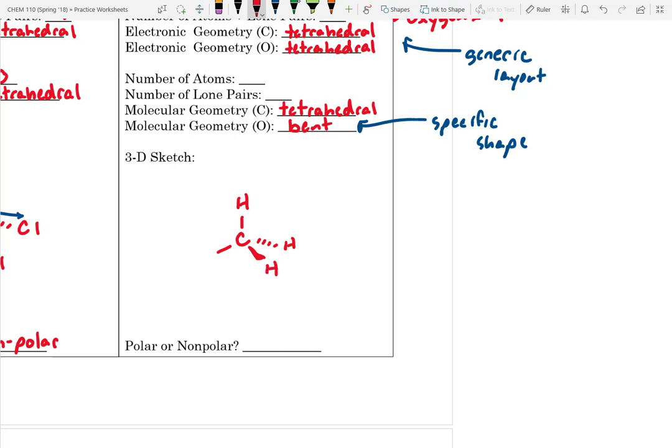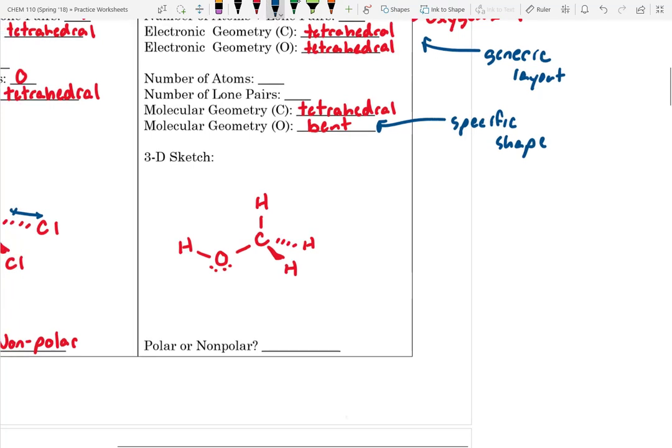So it's got this tetrahedral layout with the dash and a wedge, but one of those legs must now be an oxygen. And then this oxygen, we know the hydrogen doesn't come off like that. It's not linear. We actually need to show it with a bent shape, which you should be able to see with the model kit. And then both lone pairs are kind of hanging out like that.